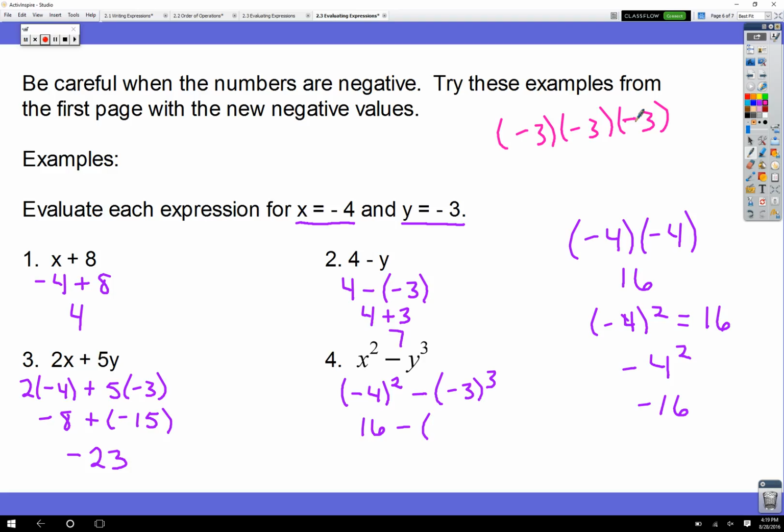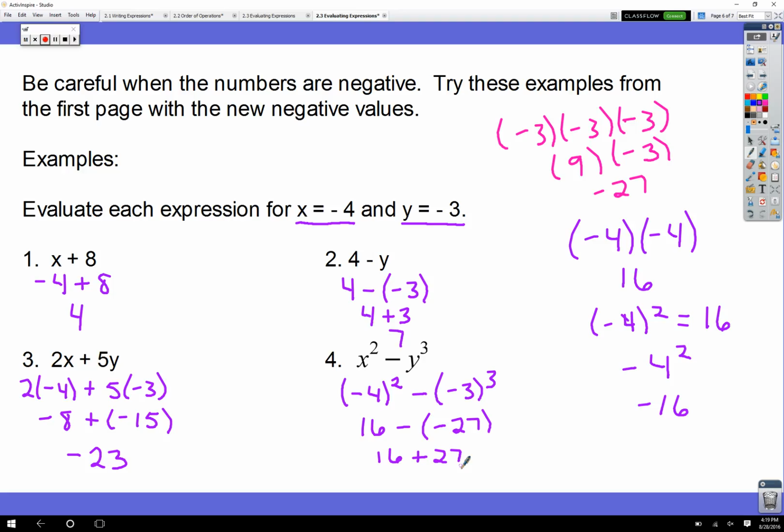And then a positive 9, actually, let's just write that out. We have positive 9 times negative 3 is going to be a negative 27. So going back over here, we now have 16 minus a negative 27. So we have 16 plus 27.